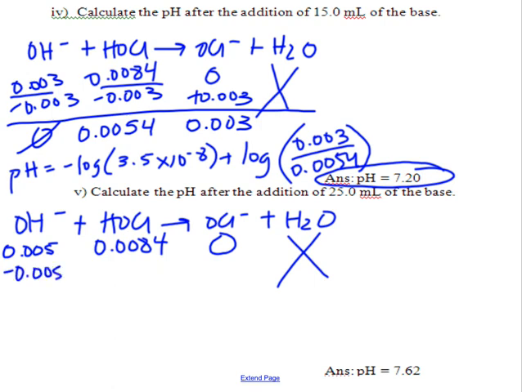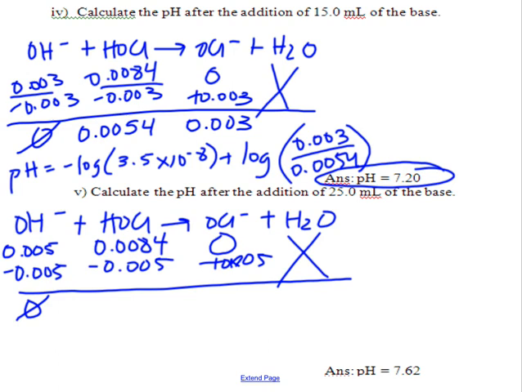Minus 0.005, minus 0.005, plus 0.005. 0.00. I can't line up numbers. I'm like a second grader. I have to have them lined up. 0.005.